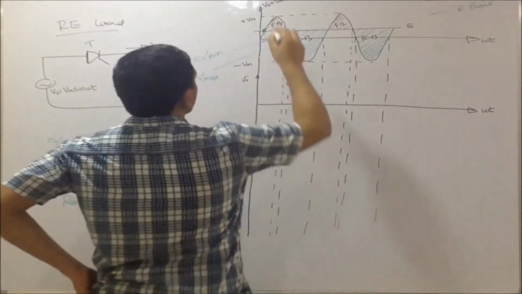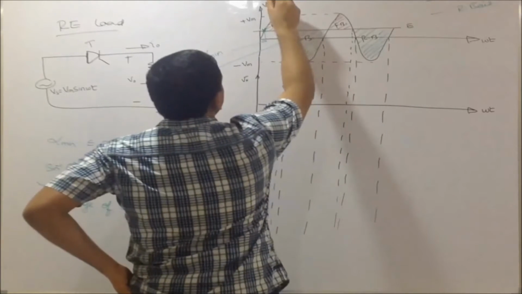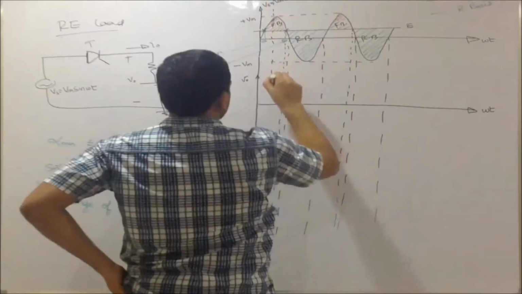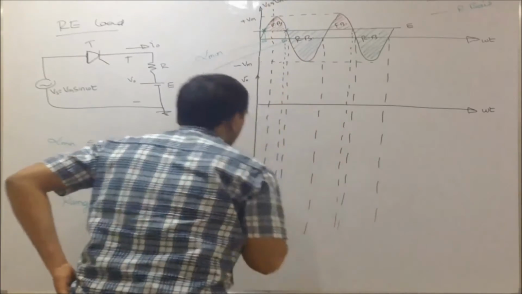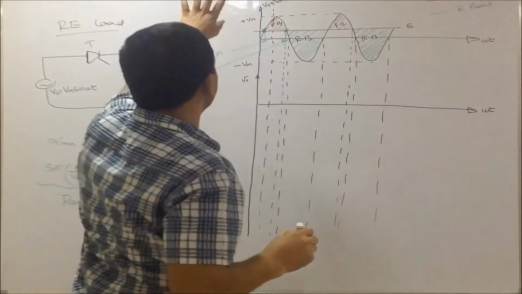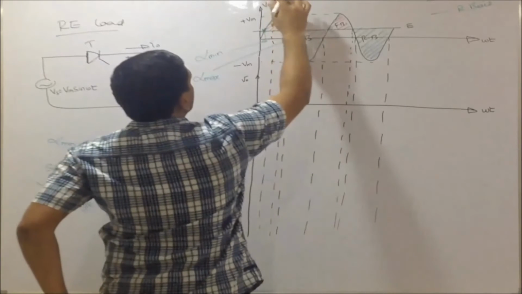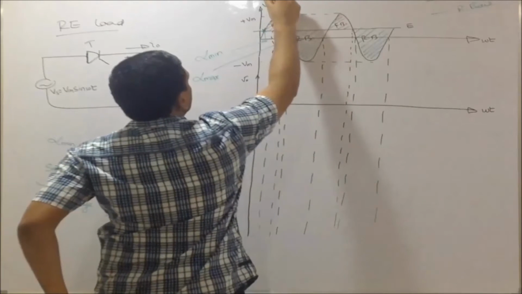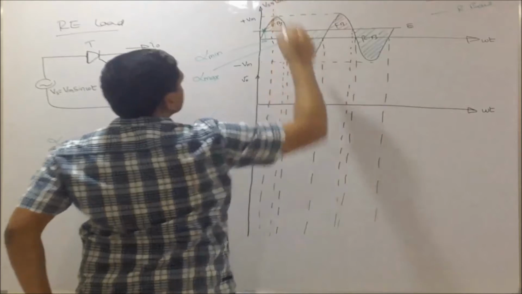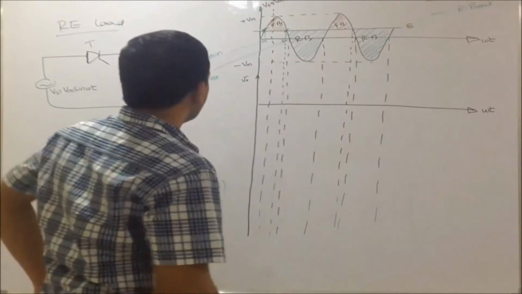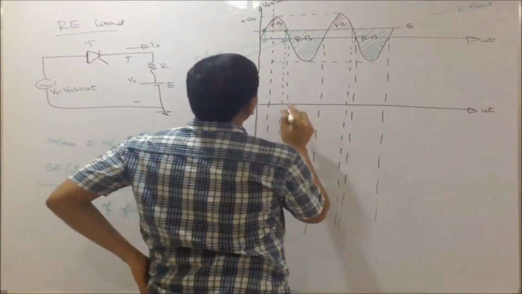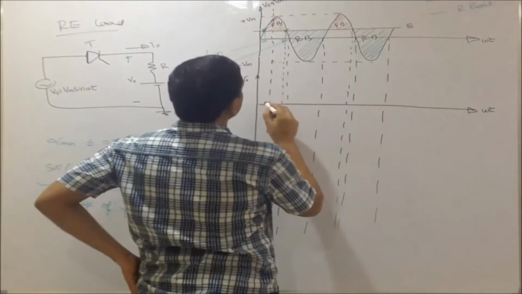Assume that my firing angle corresponds to this one. That is alpha. Here I have given the alpha.